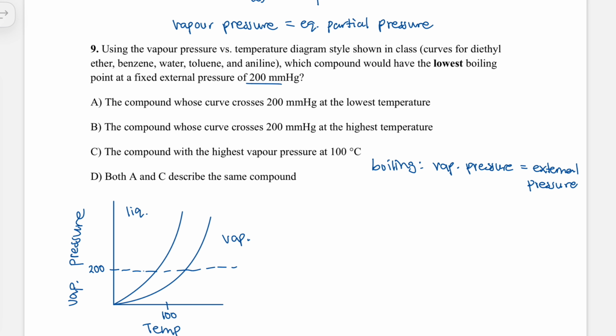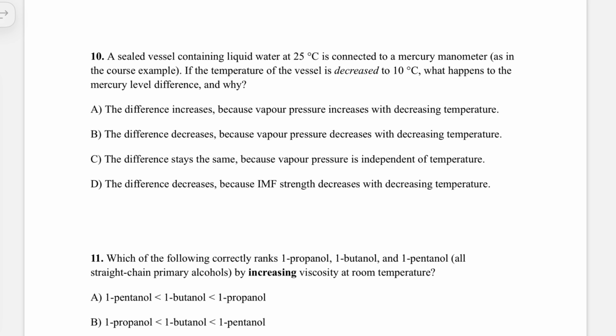So between these, which one would have a lower boiling point? It is the one on the left. And then that means B is wrong. And then the compound with the highest vapor pressure at 100 degrees Celsius. So this is 100 degrees. If you go up, you can see that the one on the left has a higher vapor pressure. So then both A and C are correct. And then the answer will be D.